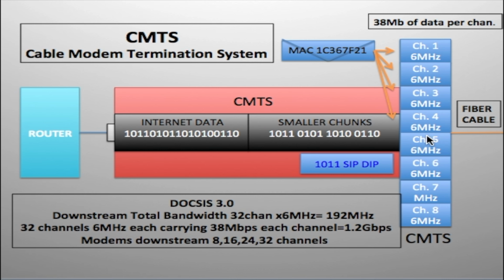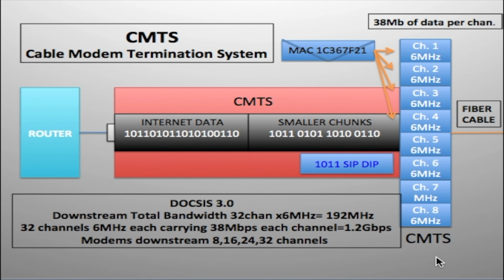Now, if you have access to 8 channels, you will have a data rate of 304 megabits per second, 16 channels, 608 megabits per second, or if you have access to all 32 channels, you will have 1.2 gigabits of data on the download. I'm sure you know this, that cable is a shared service. So even if you have access to all 32 channels, you're paying for all 32 channels.